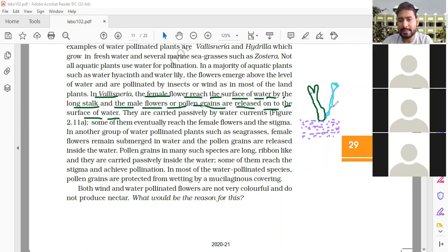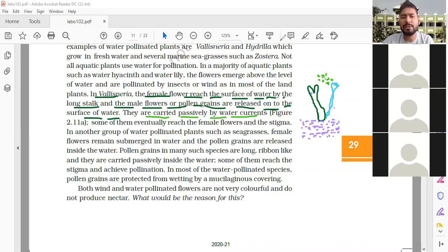They release the pollen grains on the surface of water. They are carried passively by the water currents.